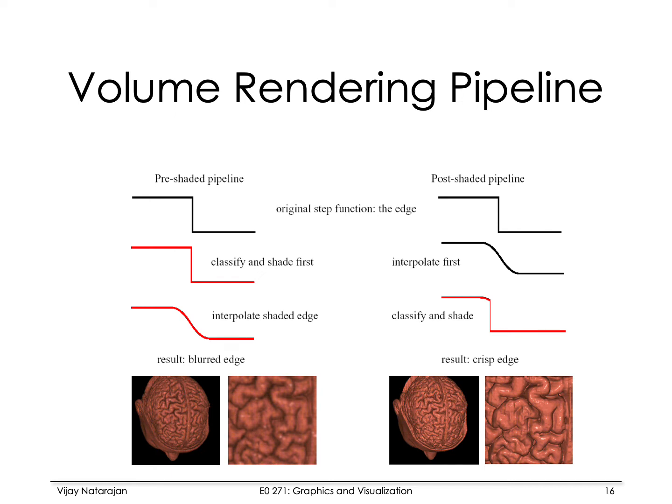In contrast, in a post-shaded pipeline, as shown on the right, we first interpolate the scalar values to get this smoother step, and later when we classify, the classification clearly distinguishes the surface, and we get different colors, and hence there is a clear change in color across the surface, and hence we get crisper shades, crisper edges.